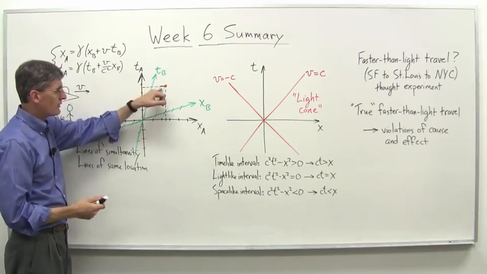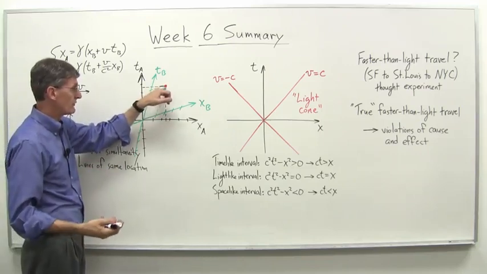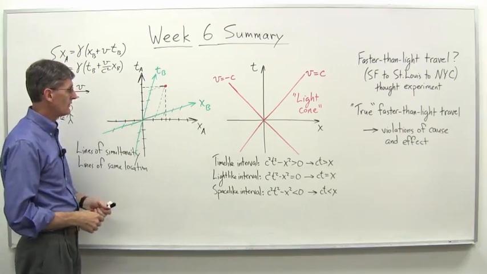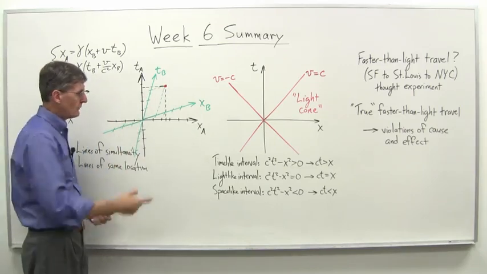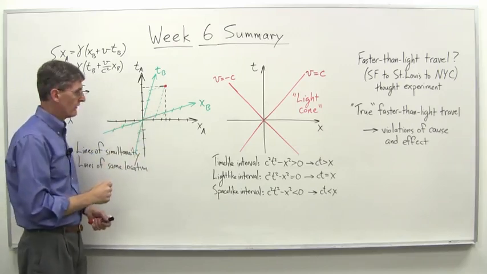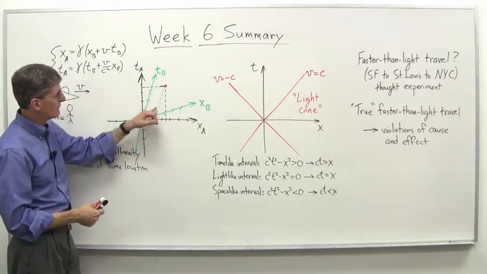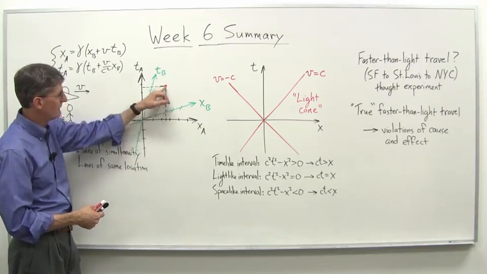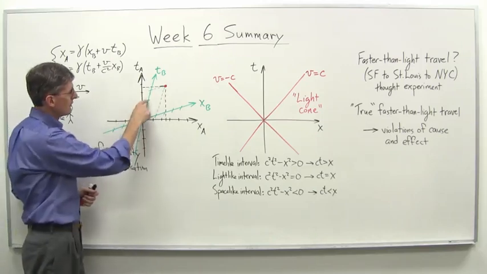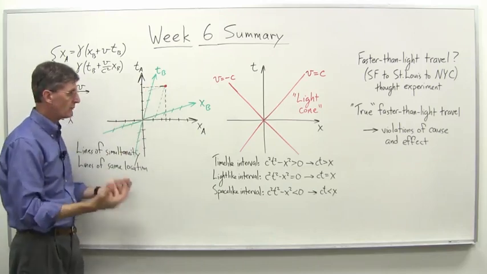For a given space-time event, say a flash of light, this red dot here, it's the same event, but Bob and Alice will have different coordinates for it. In this example, the flash of light for Bob occurs at x sub b equals 1, and t sub b equals 3. Those are the coordinates for Bob.